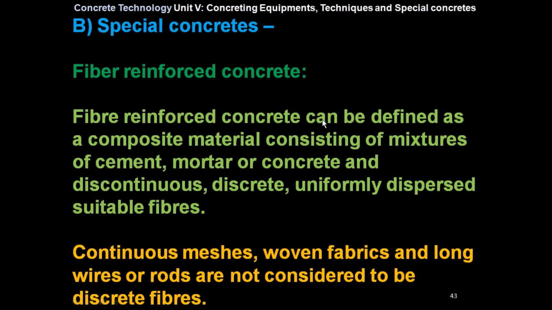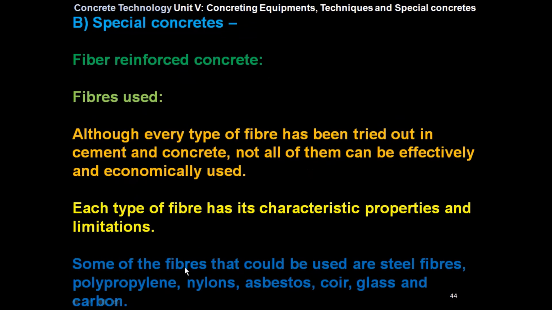Fiber reinforced concrete can be defined as a composite material consisting of mixtures of cement, mortar or concrete and discontinuous, discrete, uniformly dispersed suitable fibers. Continuous meshes, woven fabrics and long wires or rods are not considered to be discrete fibers.